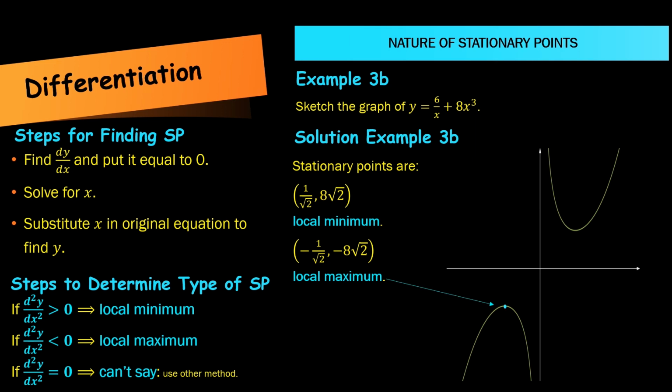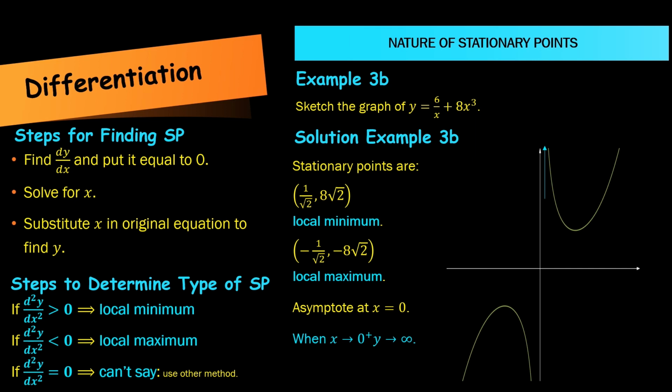We also have an asymptote at x equals 0, because y equals 6 over x, so clearly we're never going to actually get a value for x equals 0. We also can look at what happens when x tends to 0 from the positive side.